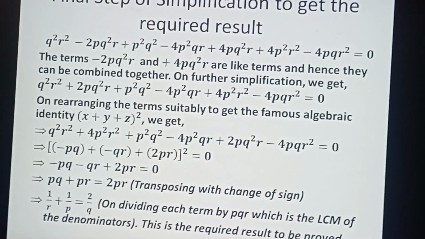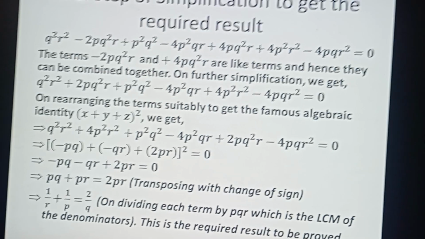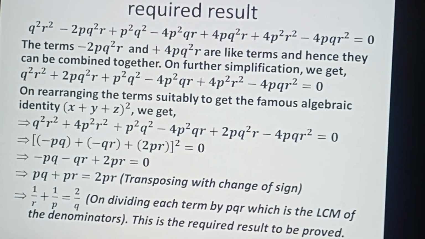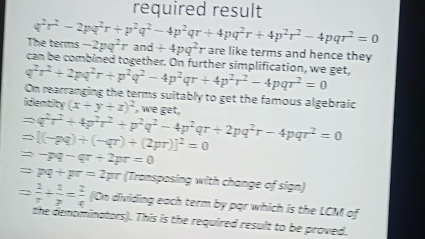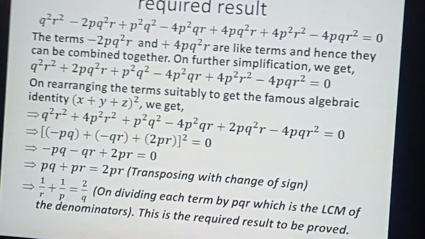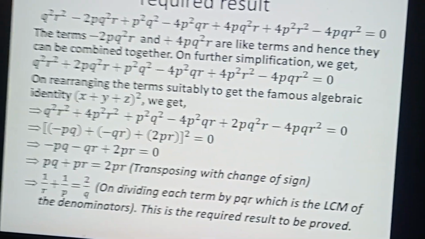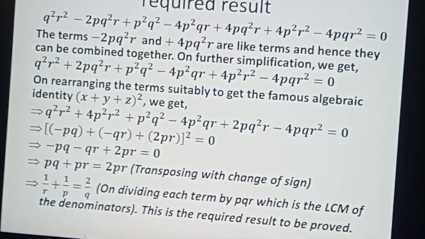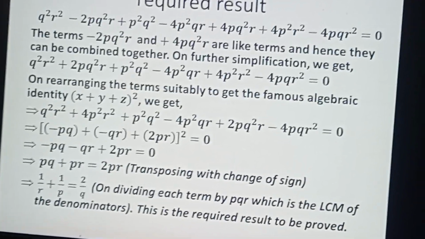So of course, if you expand it, you will find this expression to come. When minus pq is squared, it will get plus p squared q squared over there. When minus qr the whole squared comes, it will get q squared r squared, becomes plus there.